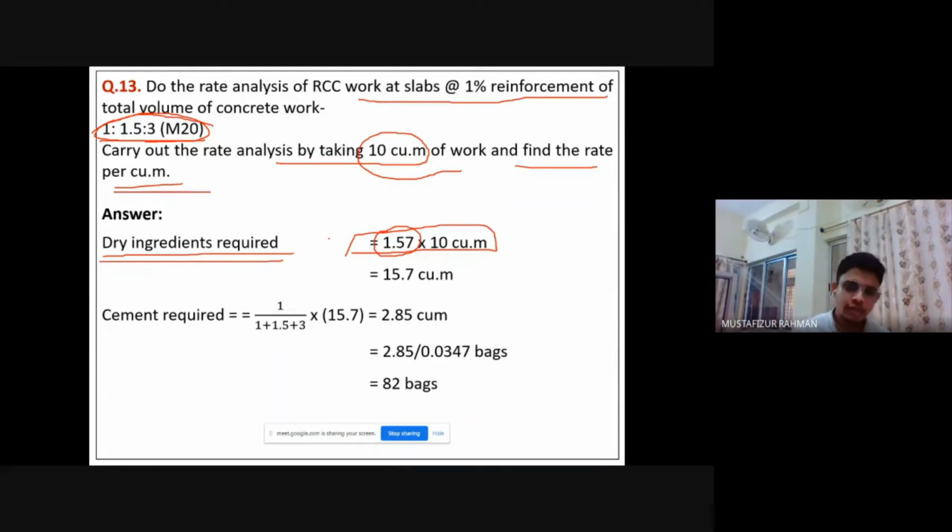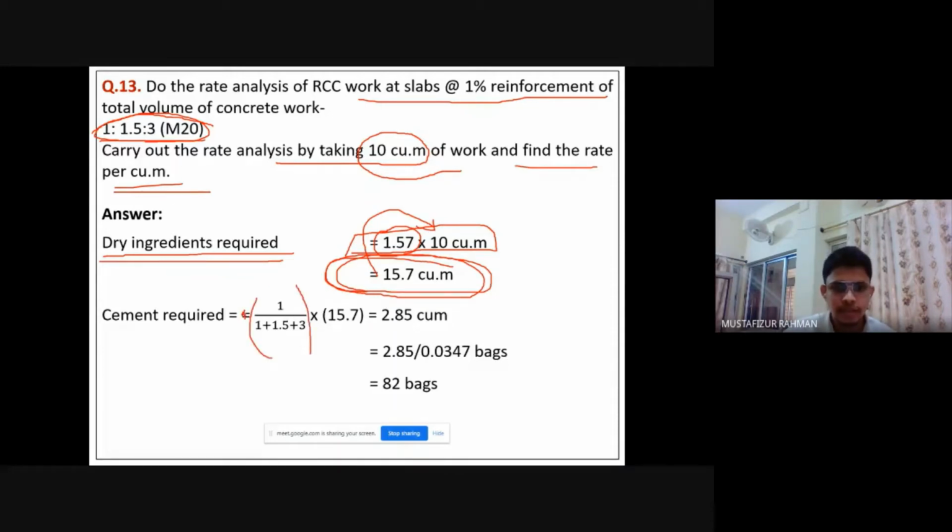There are voids between fine aggregate around 30%, and between coarse aggregates around 25%. So this makes up an increase of around 55 to 57%, and therefore we are multiplying by 1.57, and we are finding out the total dry materials required to produce 10 cubic meters of concrete.